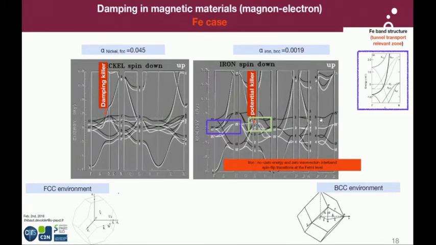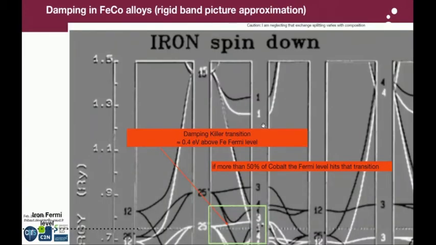In applications, in spintronics, we are much more interested in iron and iron-cobalt systems. So I will now come back to iron, and I will zoom on this part of the band structure. Once again, for pure iron, the Fermi level is this white dotted line, and there's no band crossing at Fermi level.